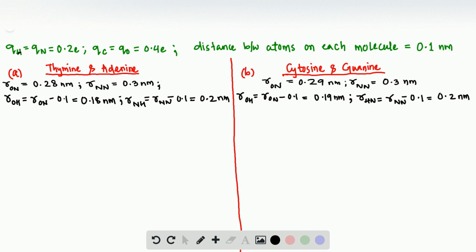Now let's move to find the net force between thymine and adenine. So the net force, let's call this F net, will be a sum of the following forces which I'm gonna write.